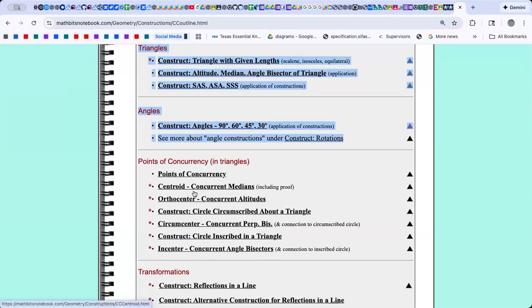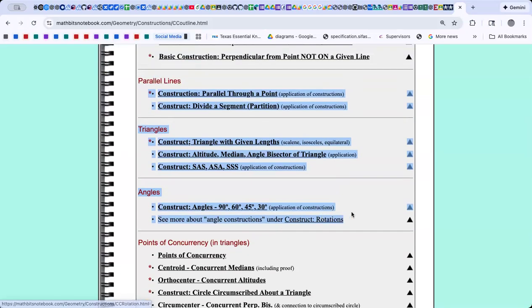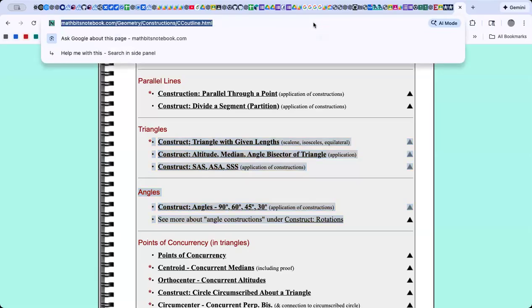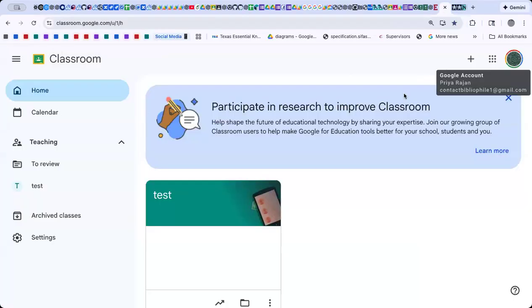We have studied that the concurrency of medians is the centroid, the concurrency of altitudes is the orthocenter, the concurrency of perpendicular bisectors is the circumcenter, and the concurrency of angle bisectors is the incenter. But the part of construction we have not learnt is this piece. I'm going to post this in Google Classroom. Those of you who are really interested can go inside, look through, learn, and come back to ask questions.